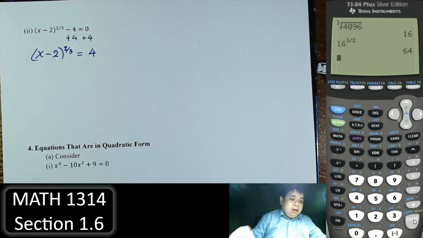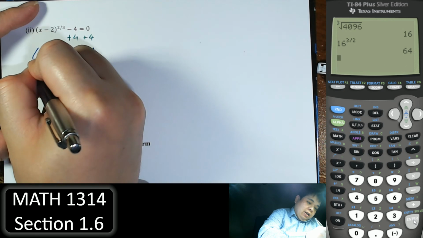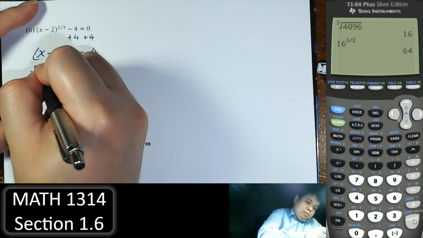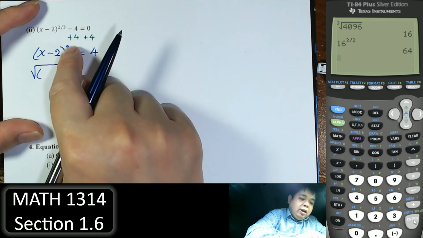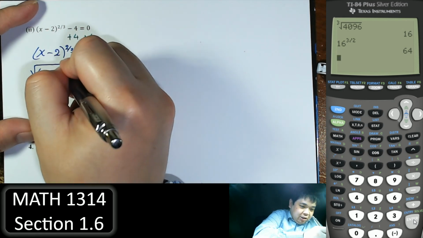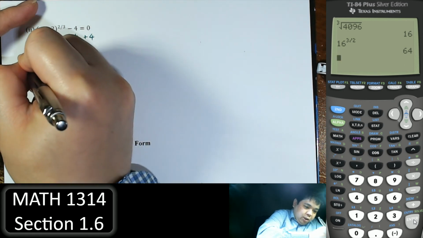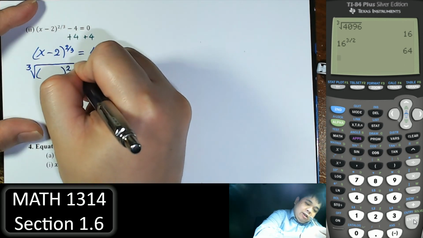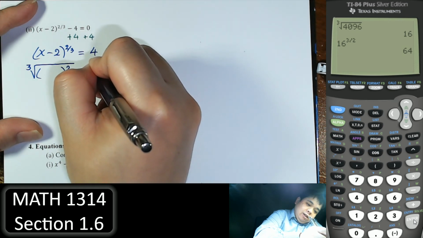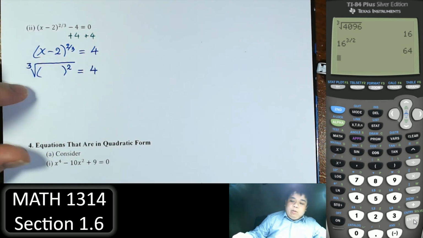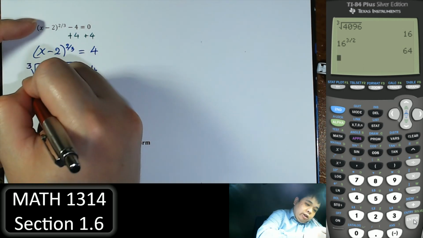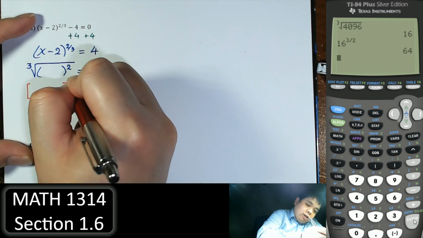Now, we write this as a radical. Now, power on the top, root at the bottom. To get rid of the cube root, I'll cube both sides.